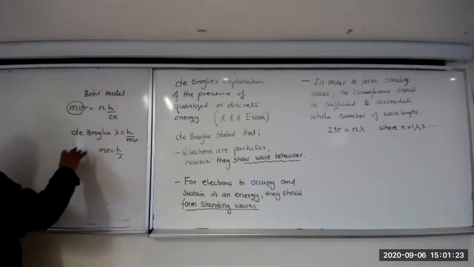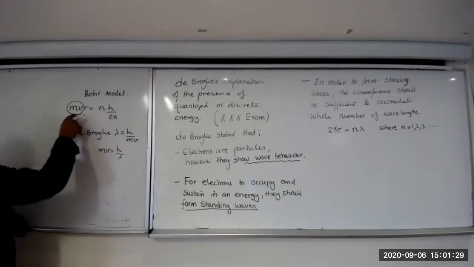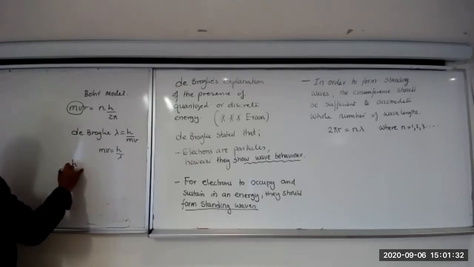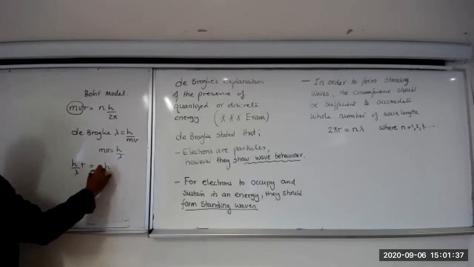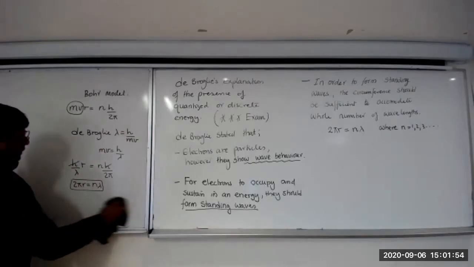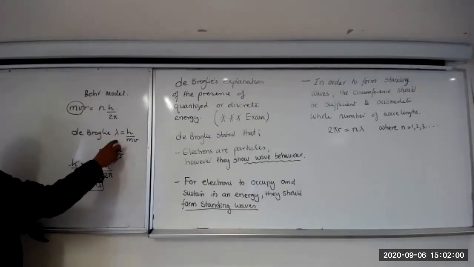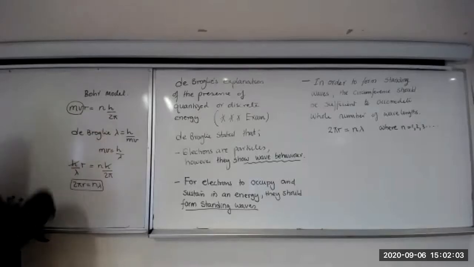Now, because de Broglie said that the electron is a wave, if you bring that and replace mv with h on lambda, that cancels. What do you get? You get that relationship. But you don't need to know. I'm just saying it's very interesting that once you introduce that wave model, you can just justify this equation.